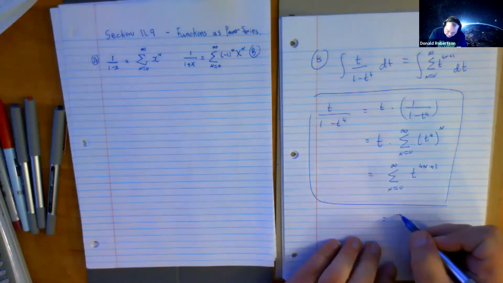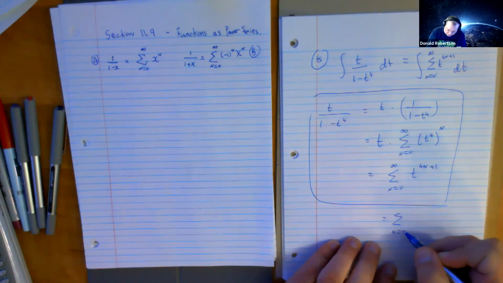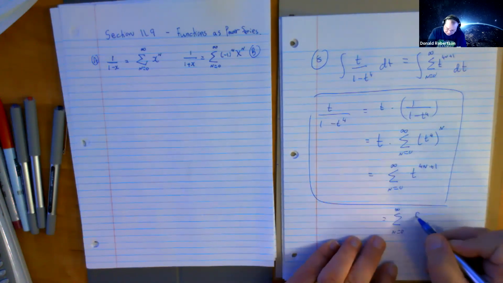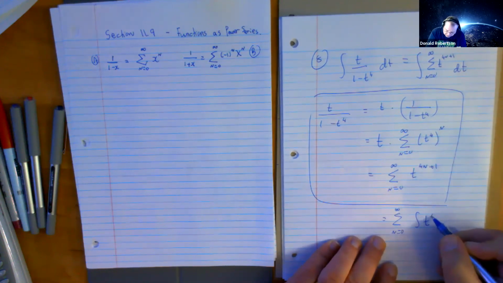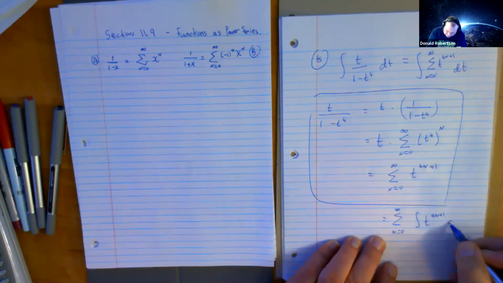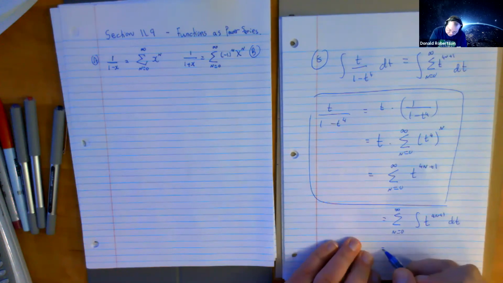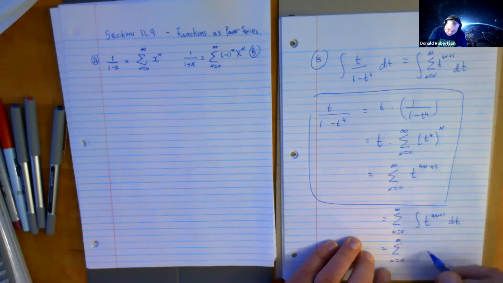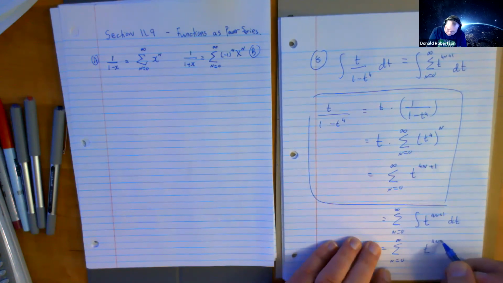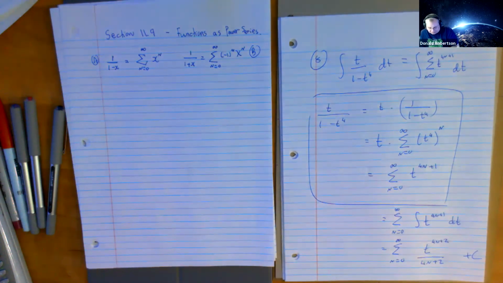So it's going to be sigma n equals 0 to infinity, the integral of t to the 4n plus 1 dt. Power rule. Add 1 to the power, divide by that new power, and then tag on a c. But in this question, it's okay to have a c because it's an arbitrary constant, and that's what you would typically get.